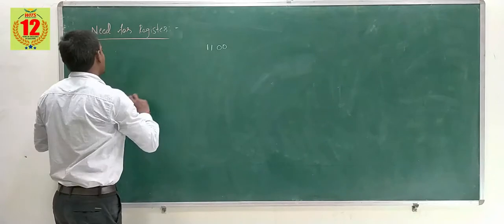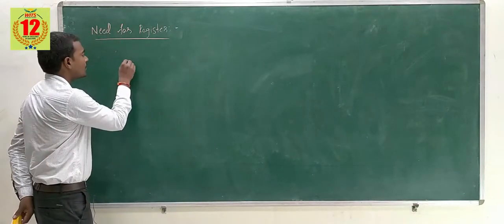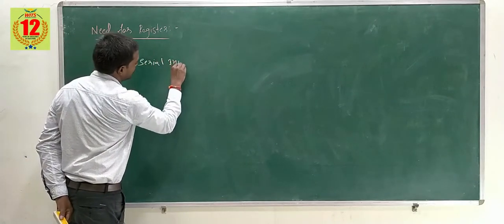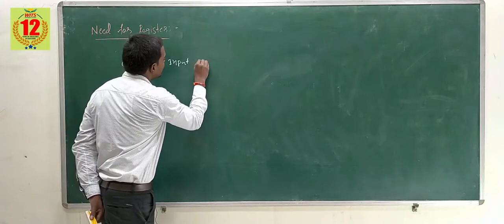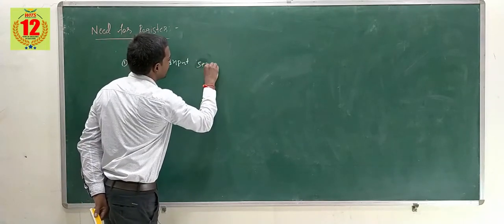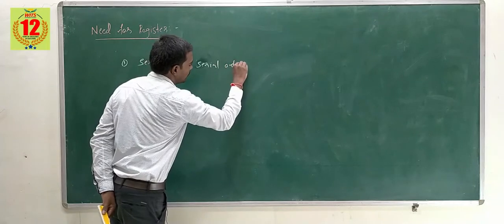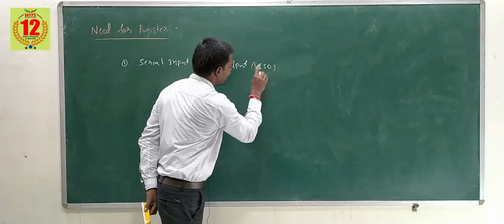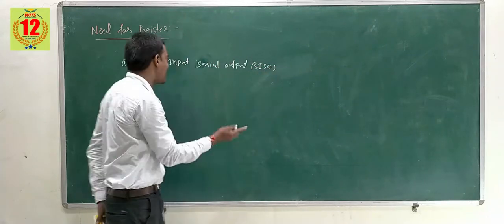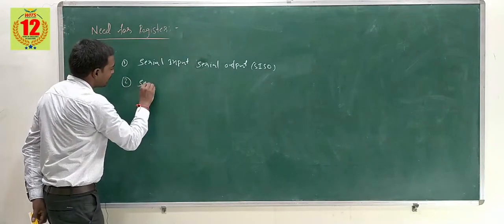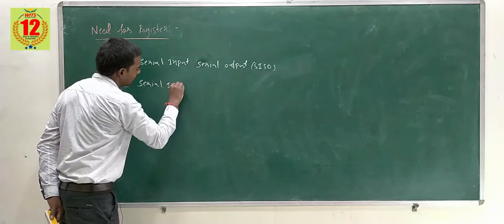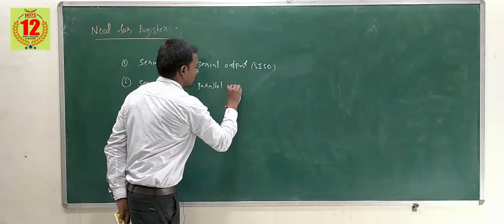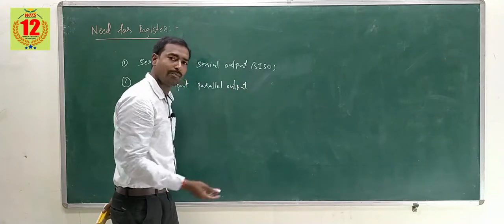We have different types of registers. The first one is serial input, serial output, called SISO. The second one is serial input, parallel output.